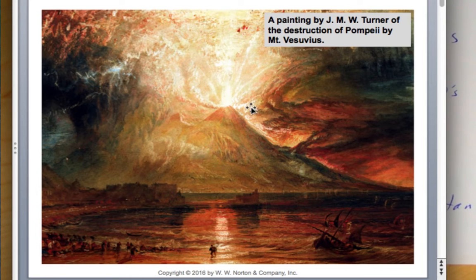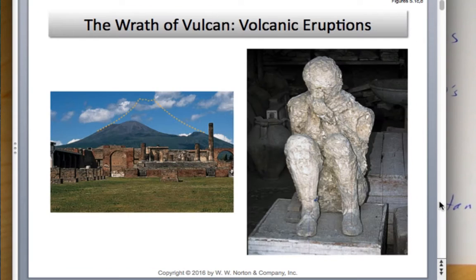Nonetheless, it's named after Pliny the Elder, who described it. Here's a plaster cast of one of the inhabitants. They found people in various positions. They've even found dogs. And apparently the volcano, after the eruption, suffered a catastrophic collapse.